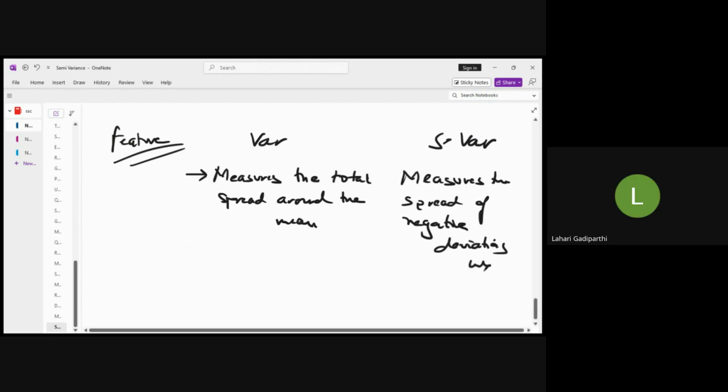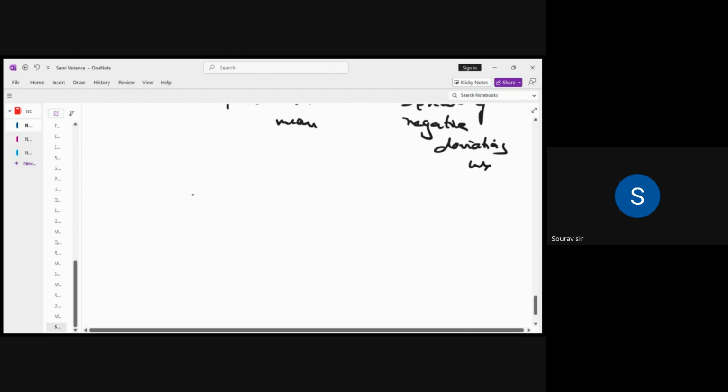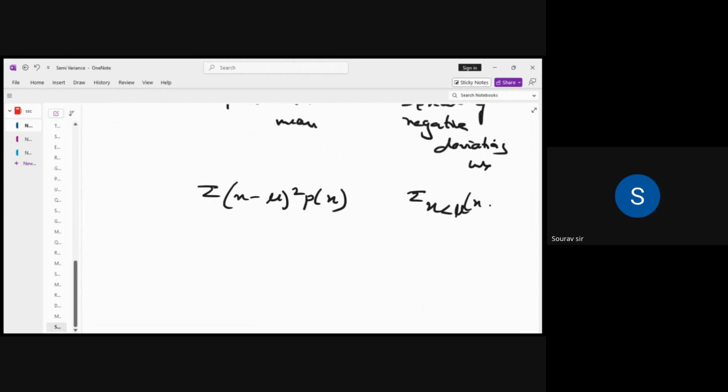And then what is the mathematical formula? For variance, summation of (x minus mu) squared p of x. And for semi-variance, it is x less than mu, (x minus mu) squared p of x.